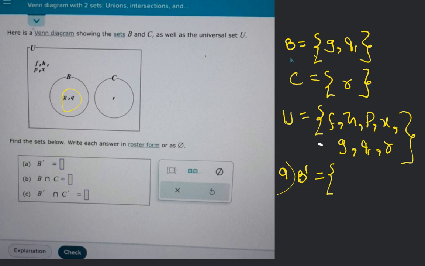If you have any doubt about how I have written these three different sets B, C, and U, you can ask me.